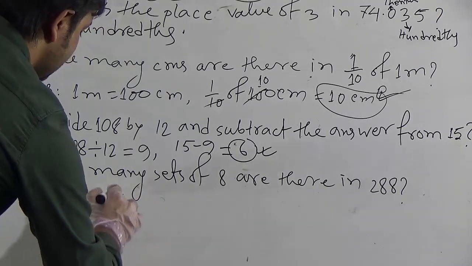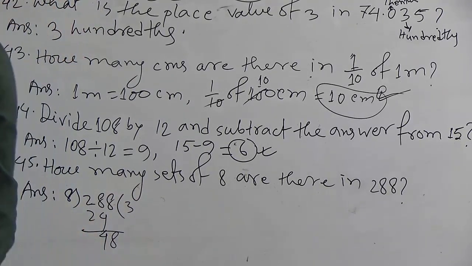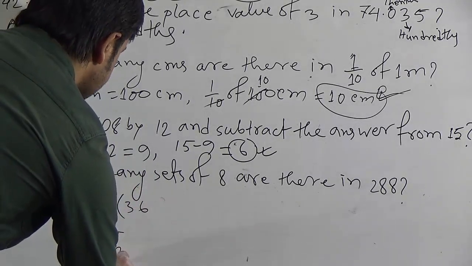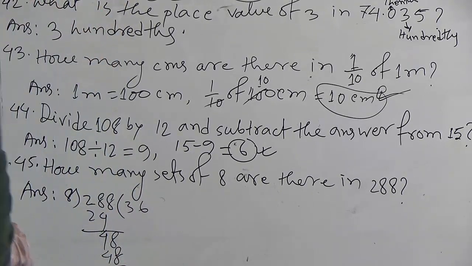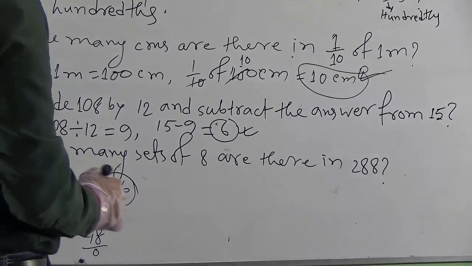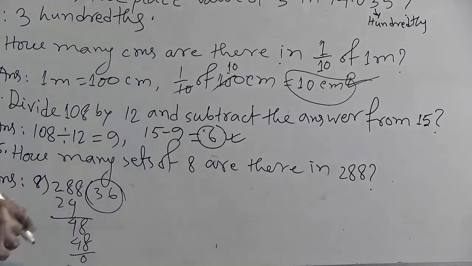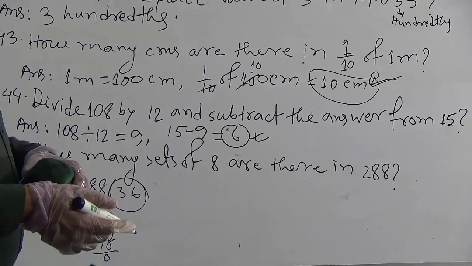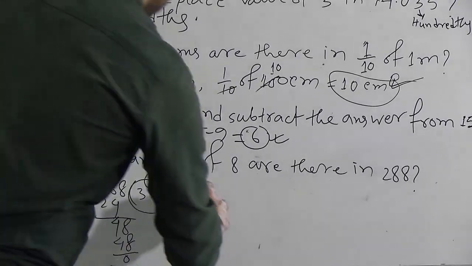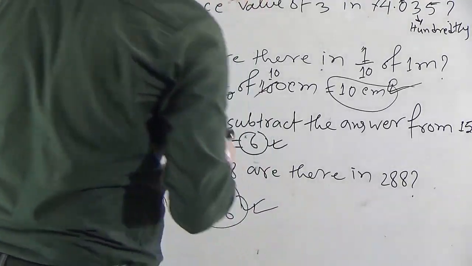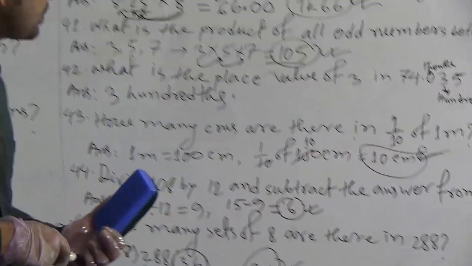Now 4 left, 8 here. If we divide 48 by 8, this is 6 times. As the quotient is 36, so you can say 36 sets of 8 are there in 288. So 36 is our required answer for the last question.